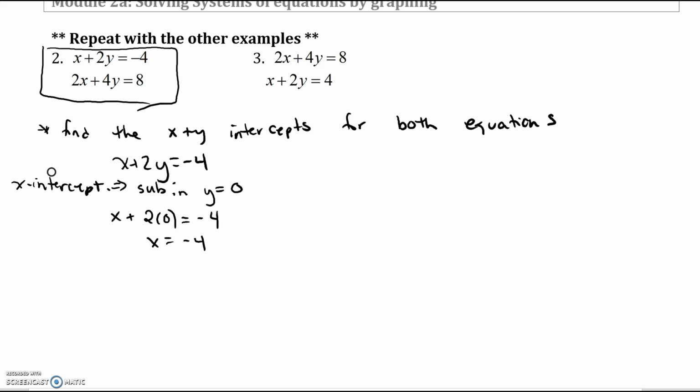That means our line goes through the point -4, 0. We could add that to our graph. Next, we'll find the y-intercept for the same line. To find the y-intercept, remember, we sub in x equals 0.